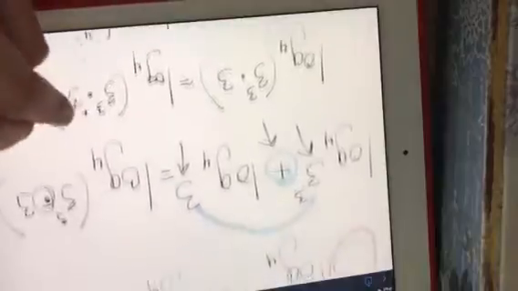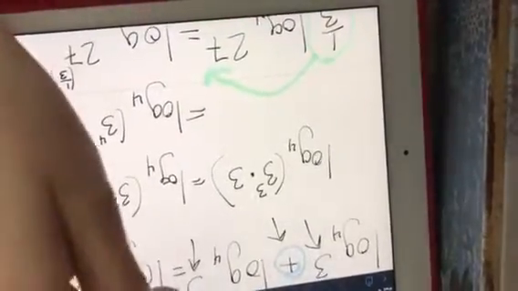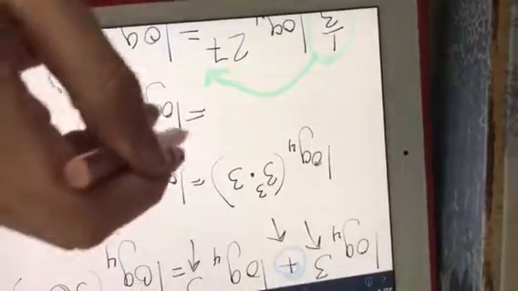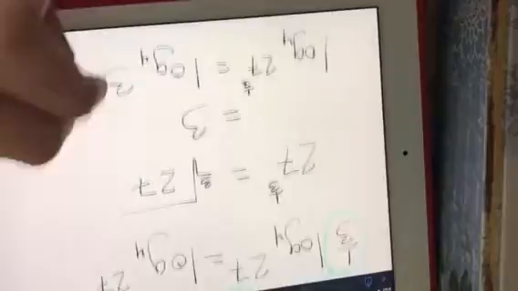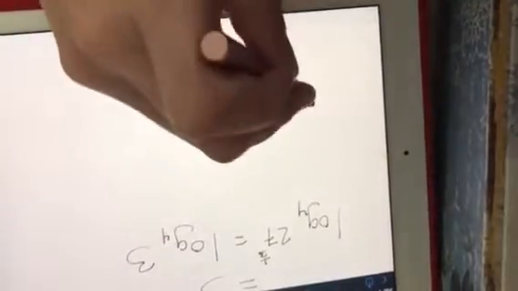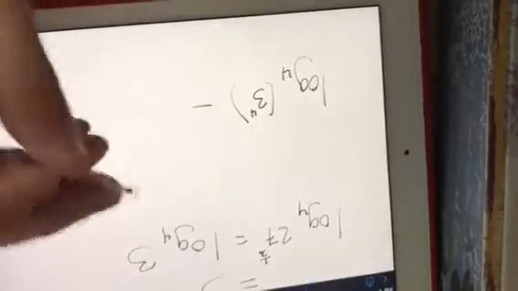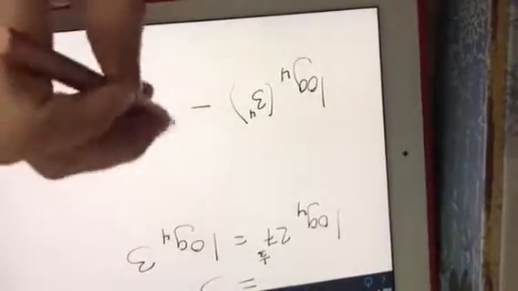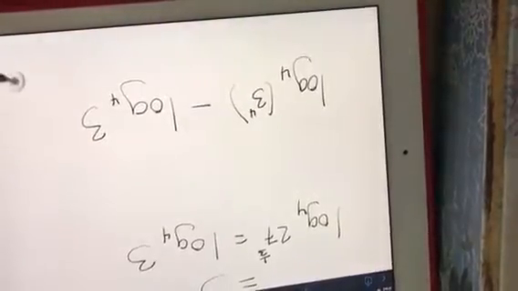So we have this part, log base 4 of 3 to the 4th. That was from the first part of the question. And then minus log base 4 of 3.